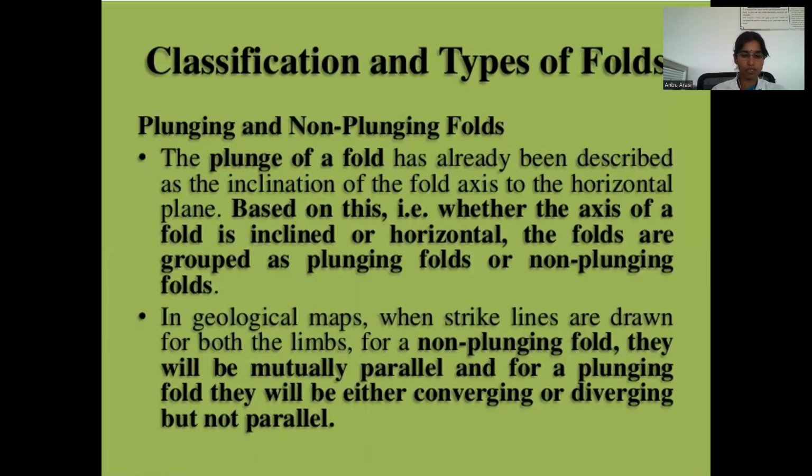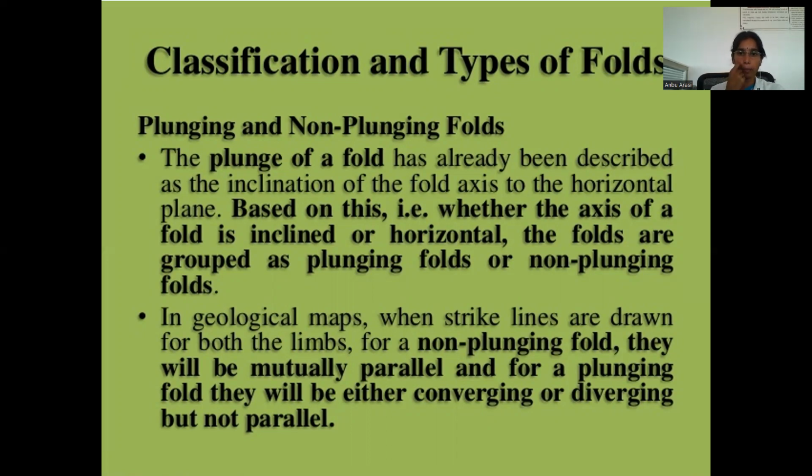Next, plunging and non-plunging fold. The plunge of a fold has already been described as the inclination of the fold axis to the horizontal plane. Based on this, that is, whether the axis of a fold is inclined or horizontal, the folds are grouped as plunging folds or non-plunging folds.